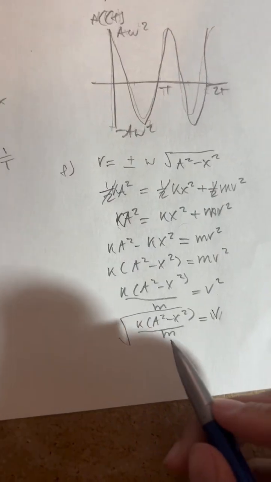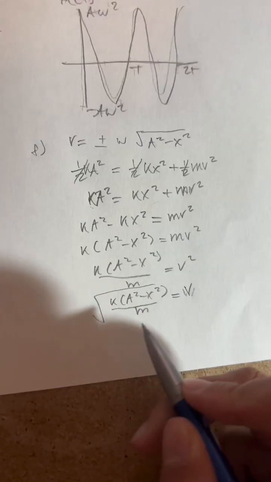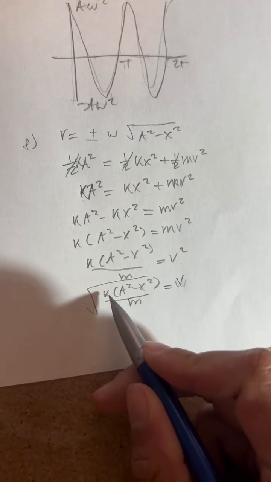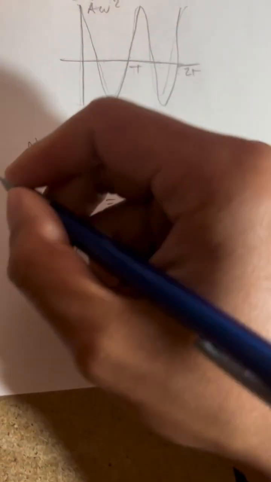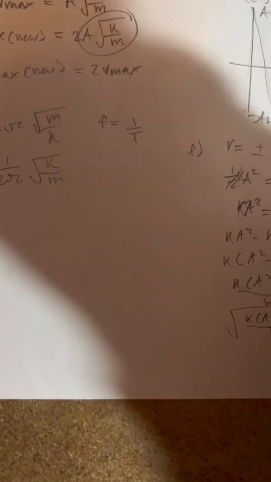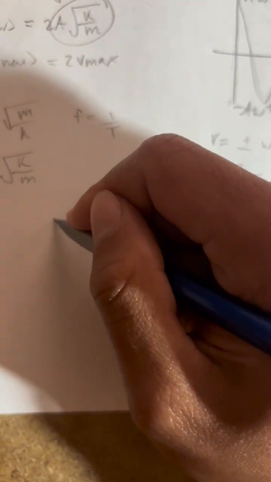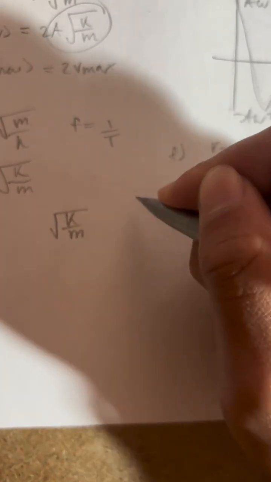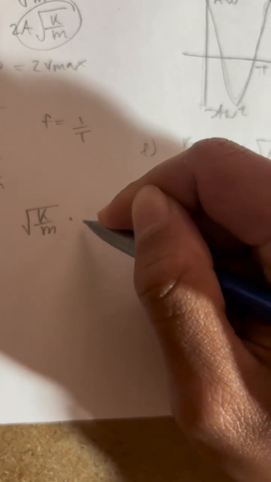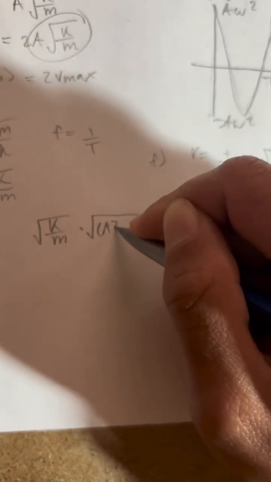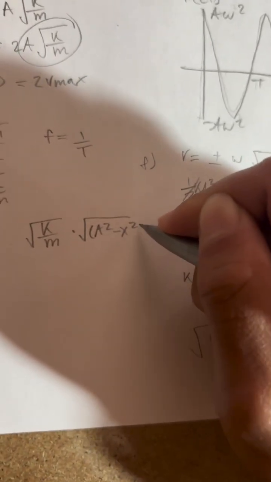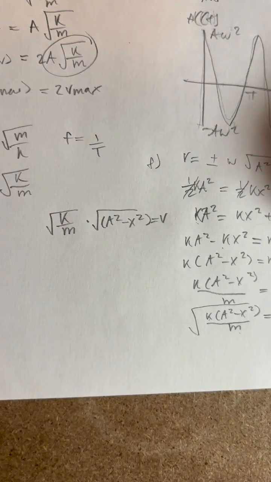Equal to, all right, so we got here, but we're not done yet. We can factor out the root k over m. I kind of ran out of room, so I'm going to just write over here. So root k over m multiplied by root a squared minus x squared equal to v.